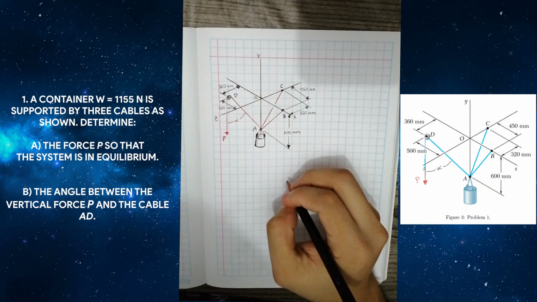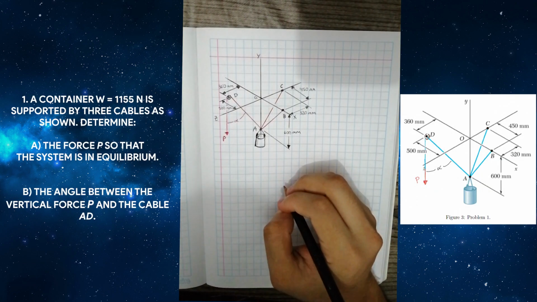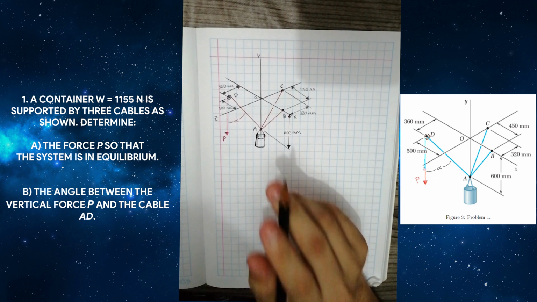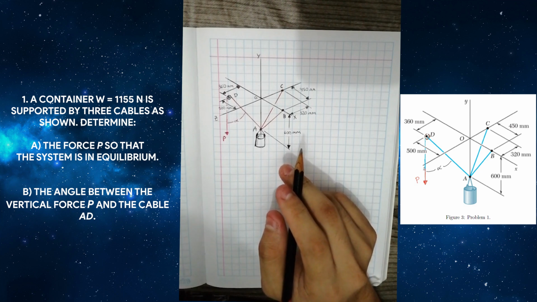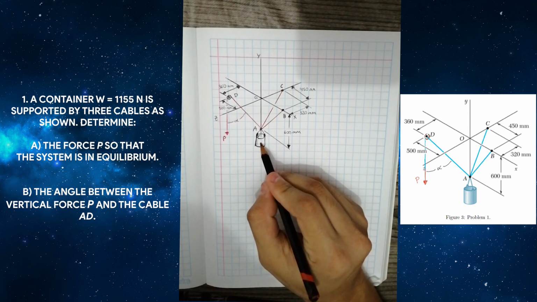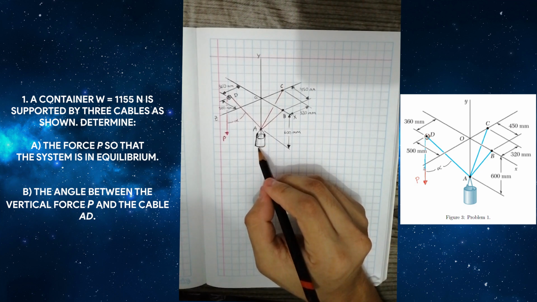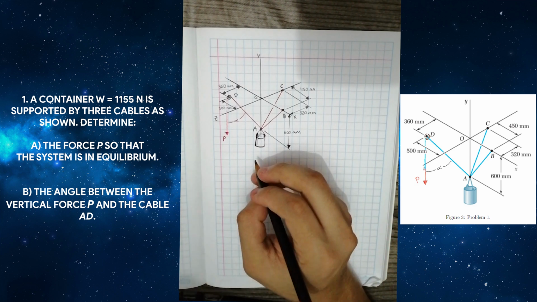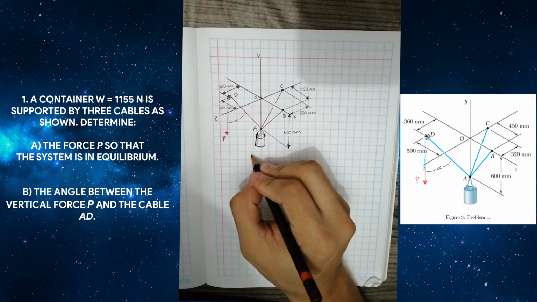Hi, in the following video, I will solve this problem out of a total of 3. The problem says that we have a container with a weight of 1155 newtons.